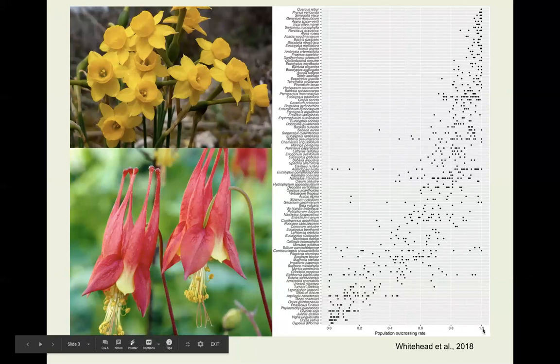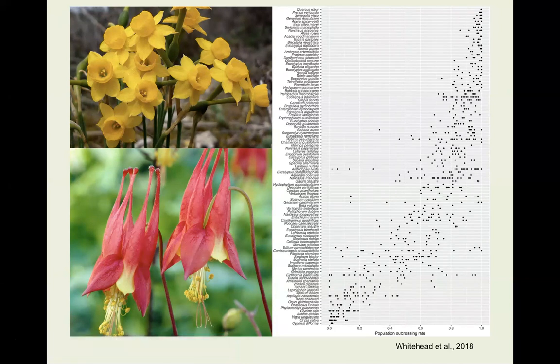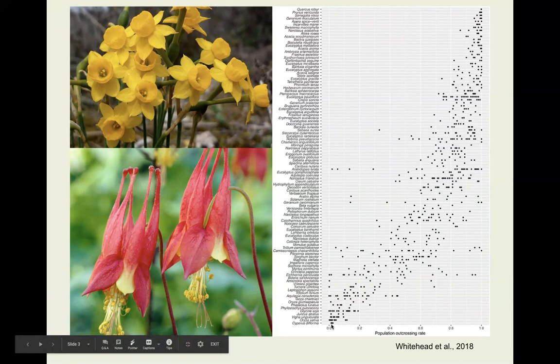Every individual makes sure to mate with an individual that's a different plant. All the way over to 0, zero outcrossing means that those plants are almost always mating with themselves. So plants as a species, they get it done either way.